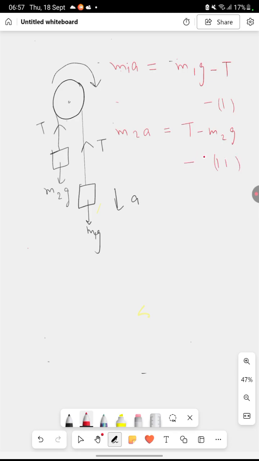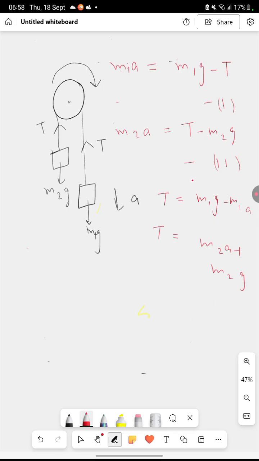Now from the first and second equations, from the first equation we can write tension equal to M1G minus M1A, and from the second equation we can write tension equal to M2A plus M2G.